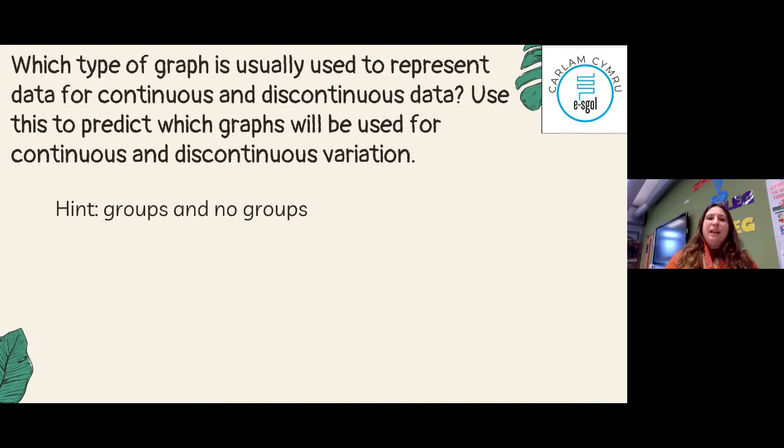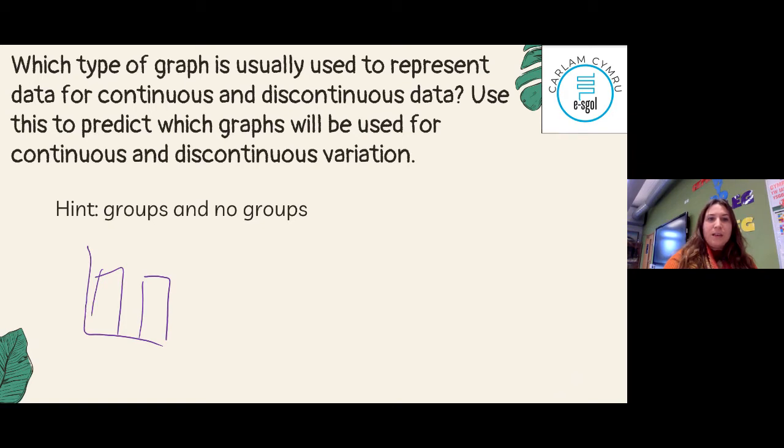Okay, so if we are thinking back to earlier times in science, then continuous and discontinuous data without thinking about variation, hopefully you've thought, well, if there are groups, so I would usually say names versus numbers or words versus numbers, we have a form of bar chart.